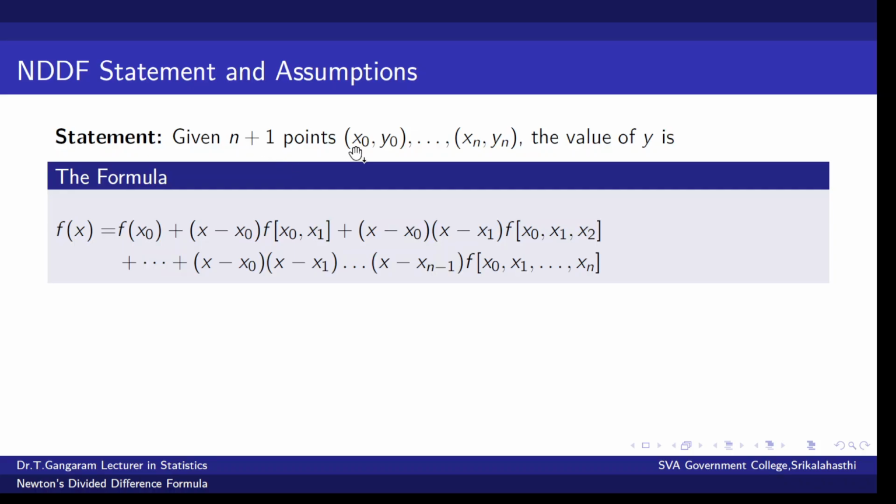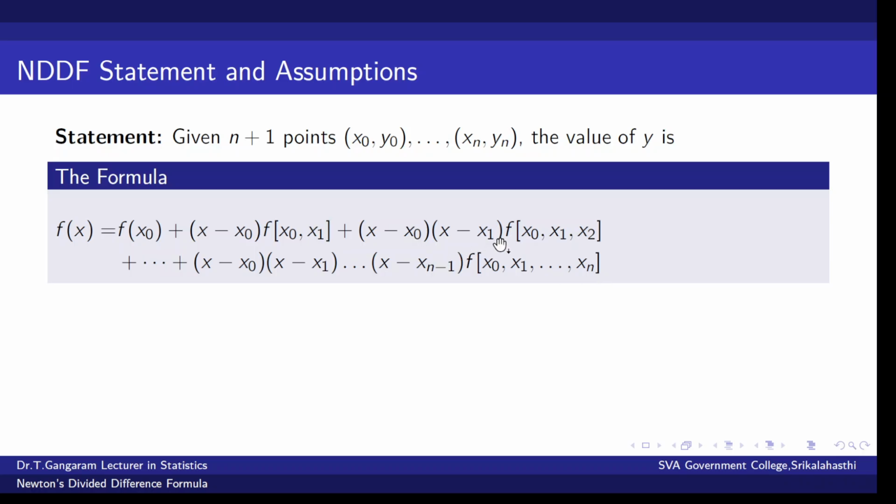Given n plus 1 points x0, y0, and so on xn, yn, the value of y is given by f of x is equal to f of x0 plus x minus x0 into f of x0, x1, the first divided difference, plus x minus x0 into x minus x1 into f of x0, x1, x2, the second divided difference, and so on, up to x minus x0, x minus x1, and so on, x minus xn minus 1 into f of x0, x1, and so on xn.